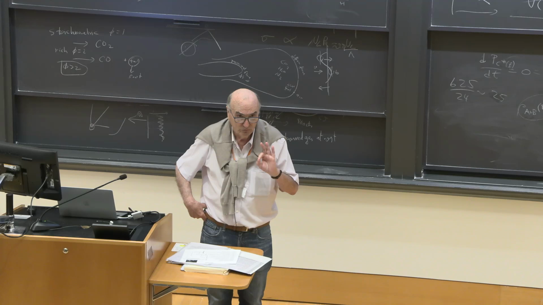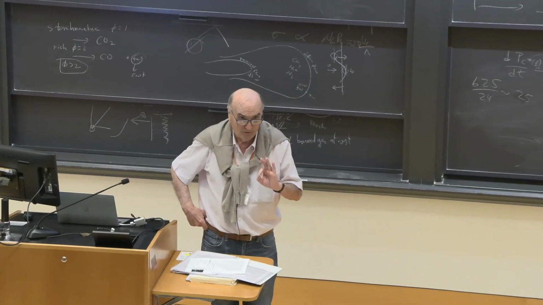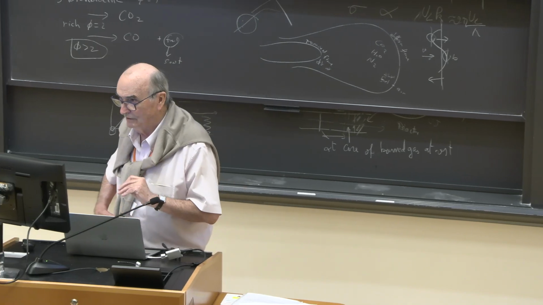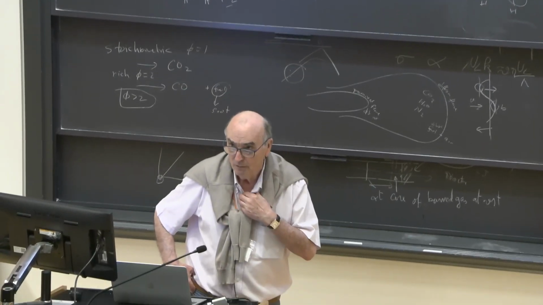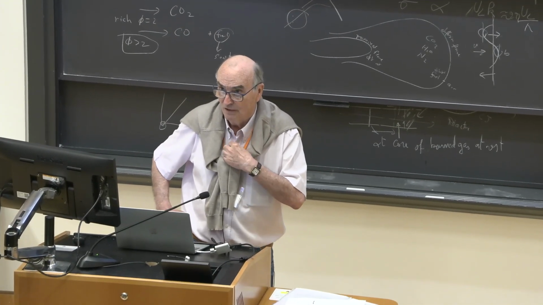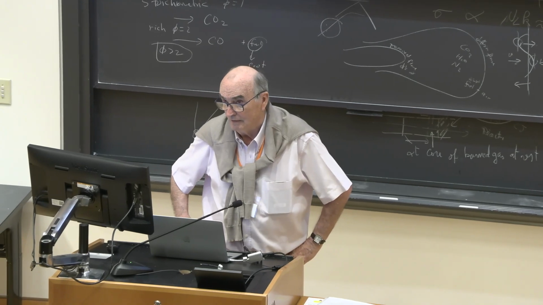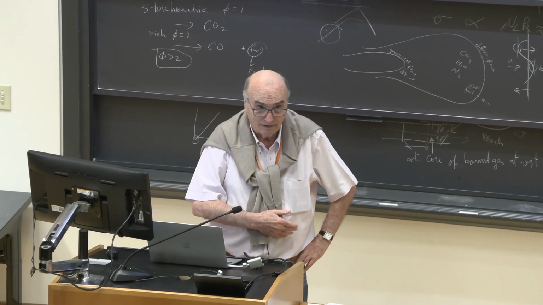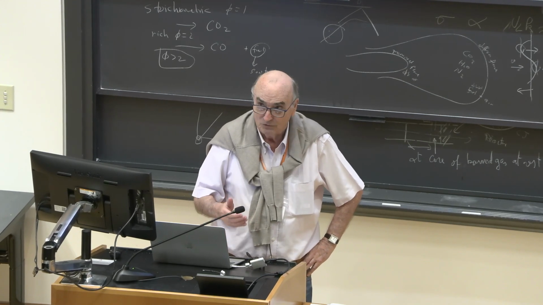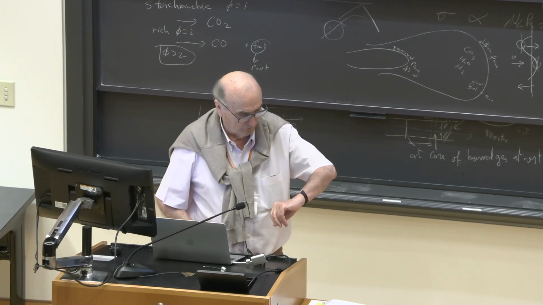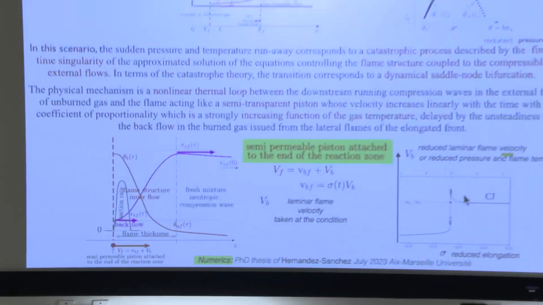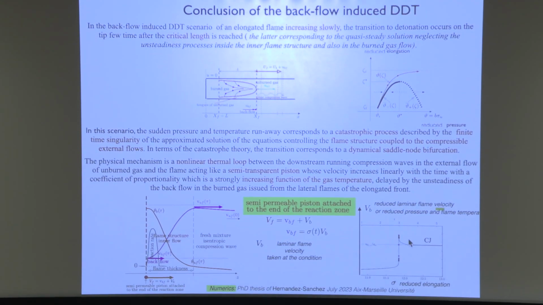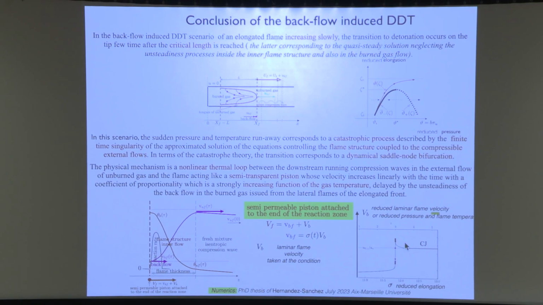Be careful with the results obtained by direct numerical simulation on the DDT. For me, I do not trust this result, for the reason I just gave you, that you have to change the nature of the problem. Okay, let's say a 15-minute break, and I will give you more information concerning this transition by numerics.